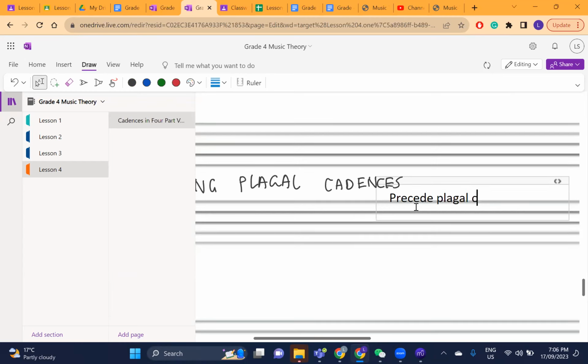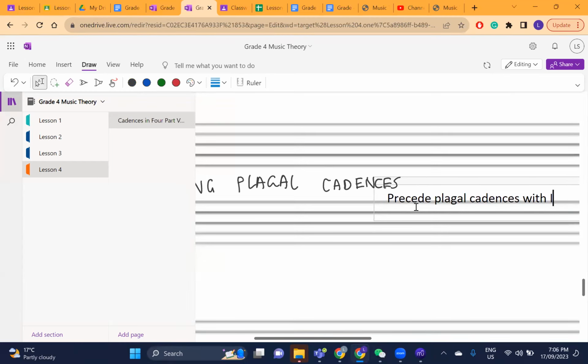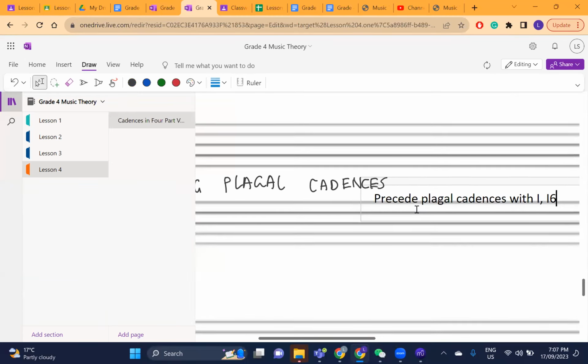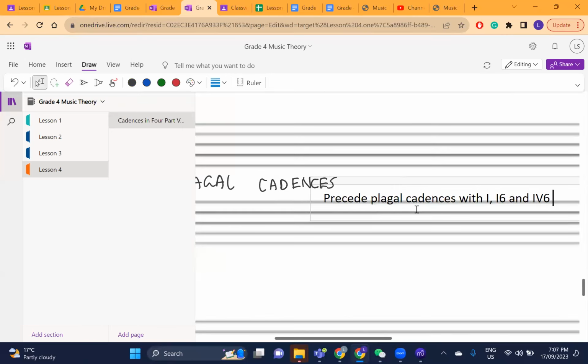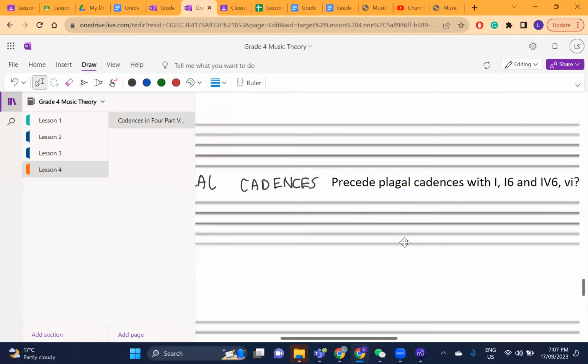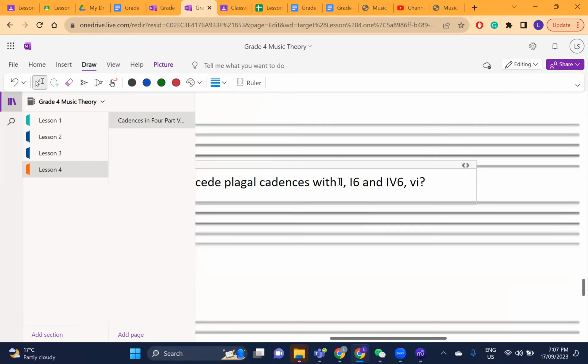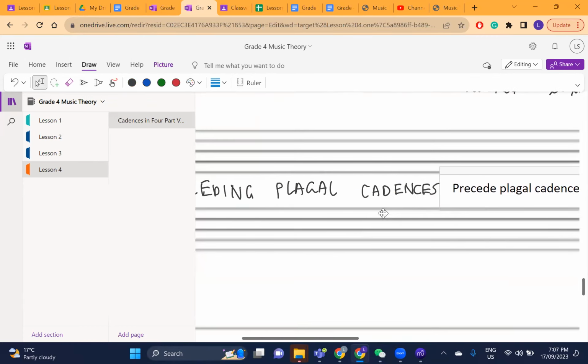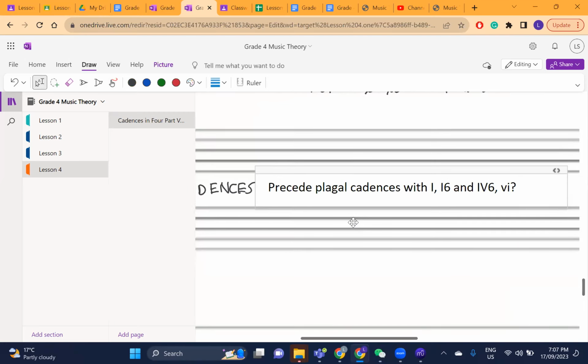Precede plagal cadences with 1. Almost always 1. You can use 1/6 and 4/6, and okay, maybe not 6. I've seen some people do it, but we wouldn't recommend it, right? To precede plagal cadences, 1, 1/6, and 4/6 are almost always your best bet.